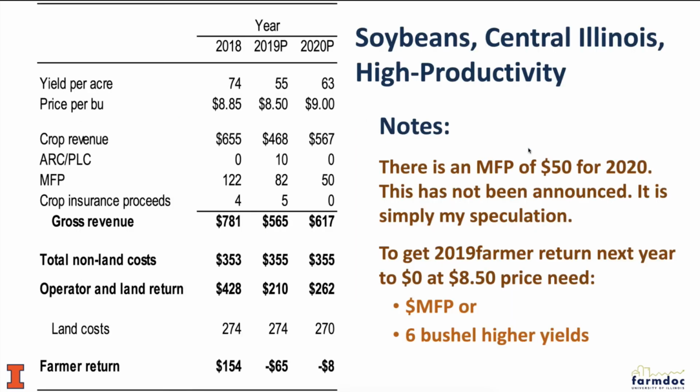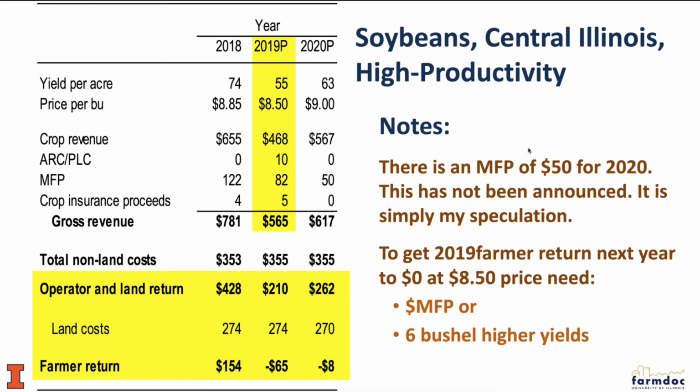Here's soybean. Again, 2018 is the numbers that we have for Central Illinois FBFM farms, 74 bushel. We're putting in for 2019, and again, you can argue with me, 55 bushel of soybeans, $8.50 price per bushel. If we get lower yields than 55, we don't really impact the farmer return or gross revenue that much.